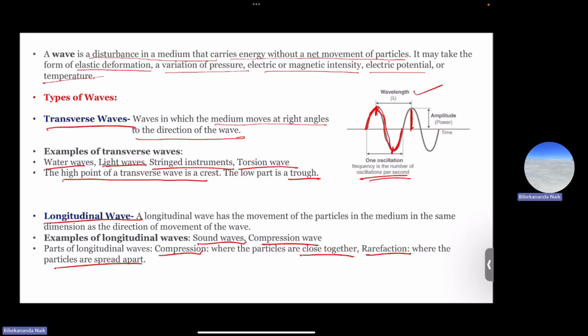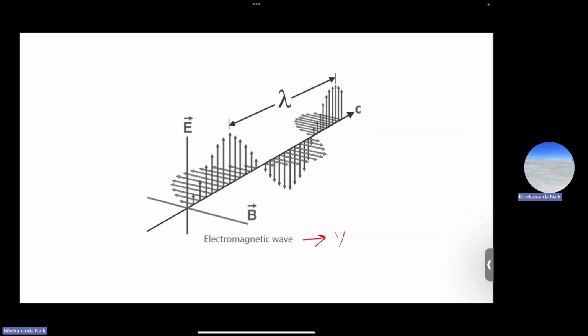So let's take the example of a light wave. This is a transverse wave. It propagates along this direction, so the k vector is called the wave vector or propagation vector. Suppose this is along the x direction, then this is the electric field which varies along the y direction, and this is the magnetic field which varies along the z direction.